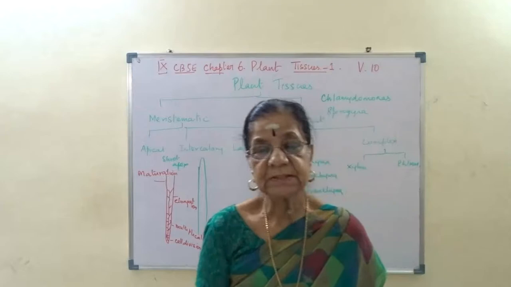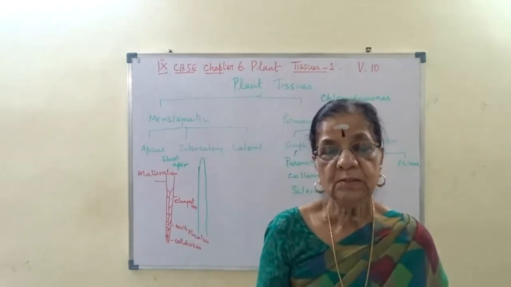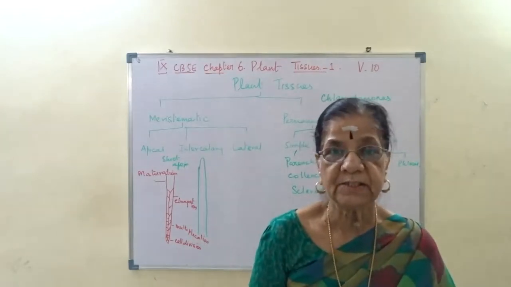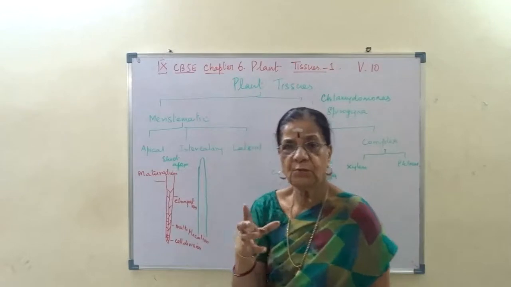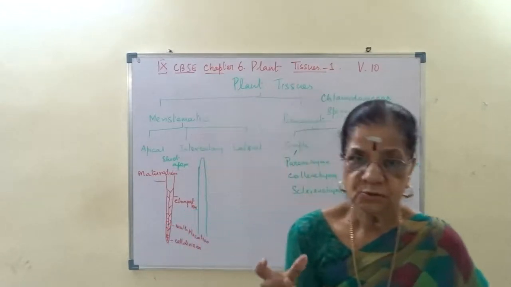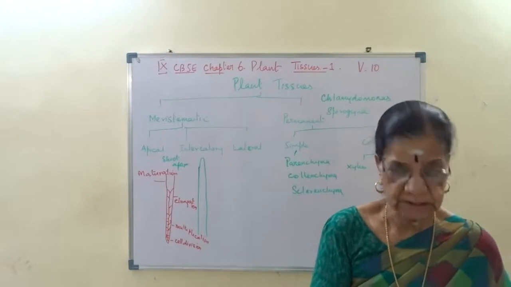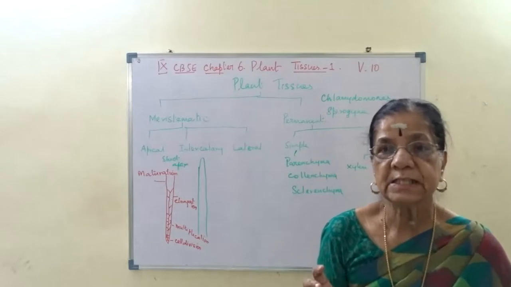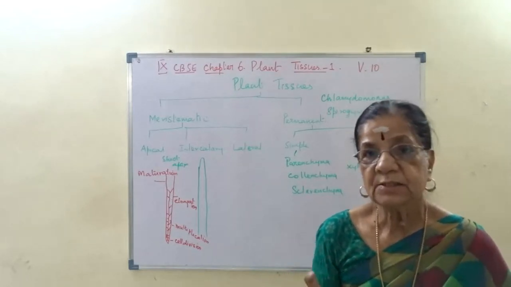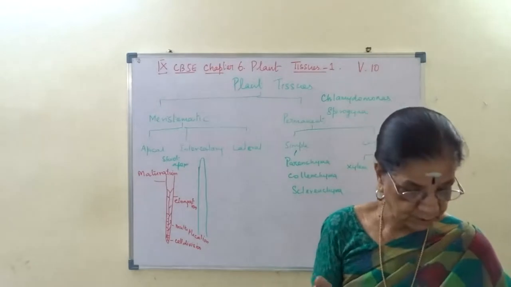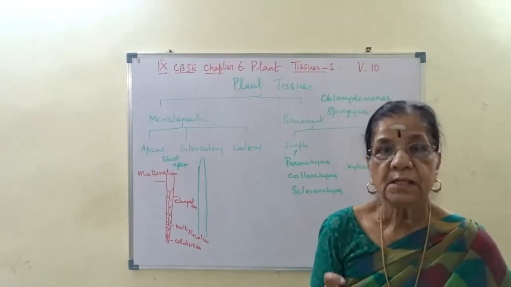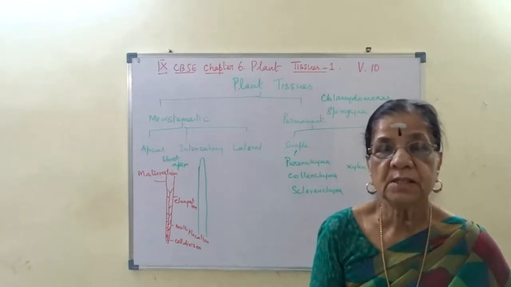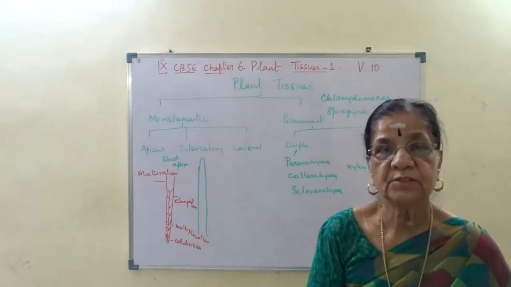Then the cells may be small, oval, spherical in nature, and it may be polygonal in nature. So I am drawing this. It may be of any shape, oval or spherical or polygonal. Then they are thin-walled with dense cytoplasm, with large nuclei and no vacuole.